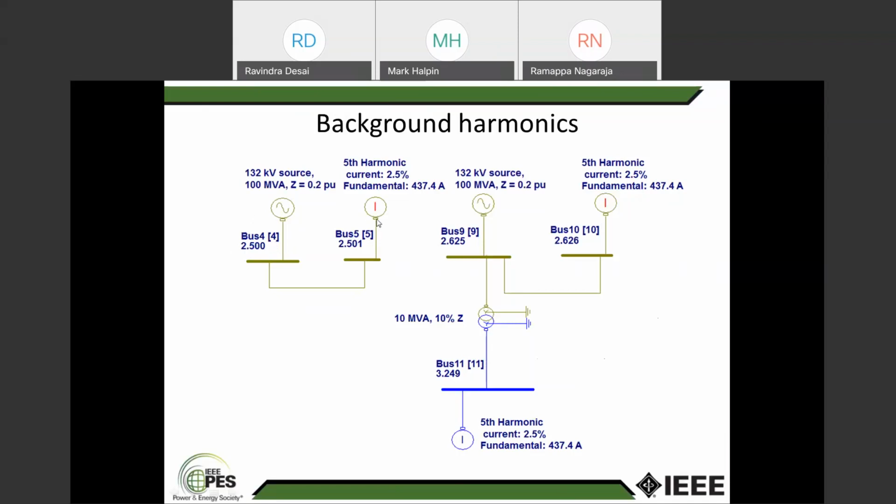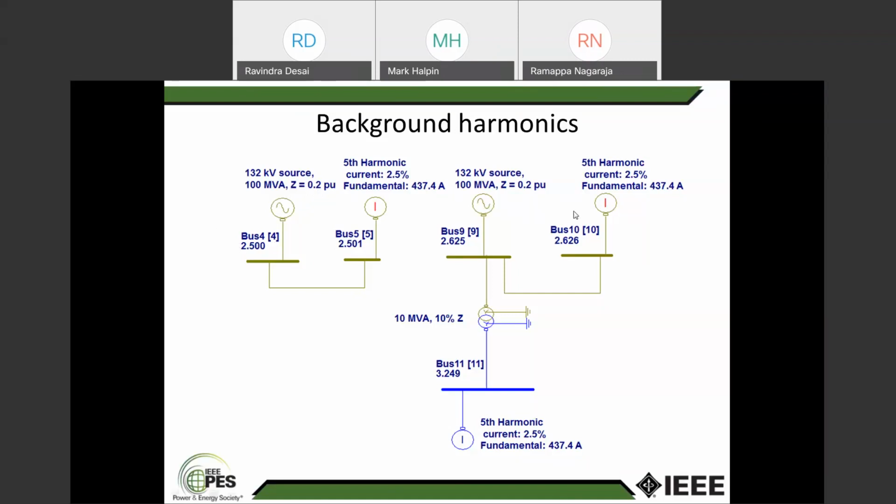What it means is, there is some fifth harmonic current source, which has got actually the 0.025. That is the 2.5% current you are injecting here, which is going through the source. There is some equivalent current injection, which is going through the source, which the impedance is 0.2 per unit. At fifth harmonic, it becomes 1 per unit. This 2.5% fifth harmonic current flowing through the source is giving a background harmonic of about 2.5%.